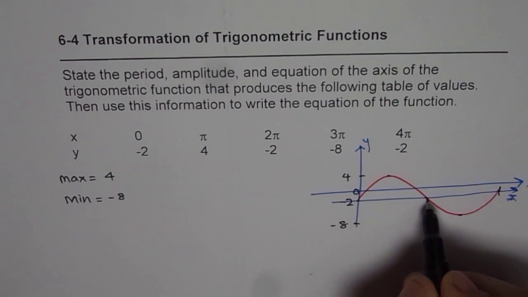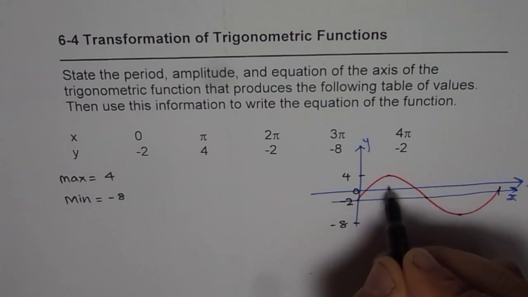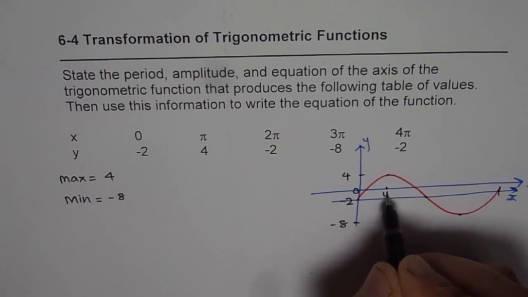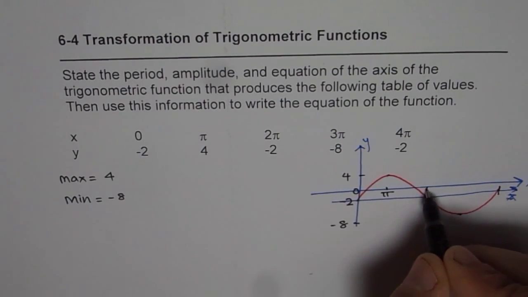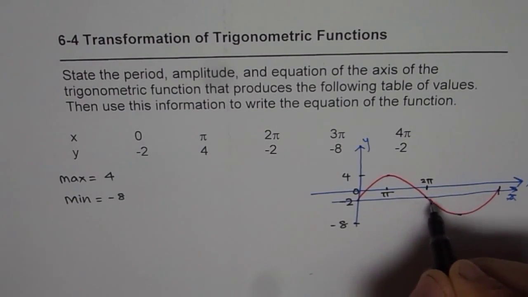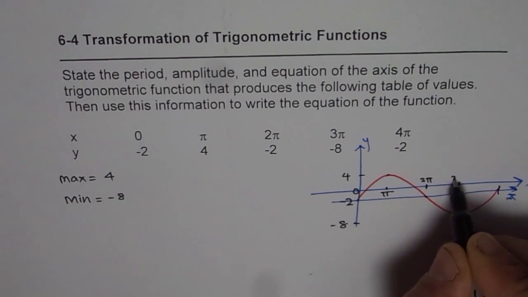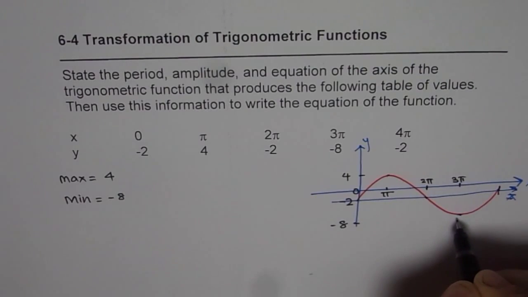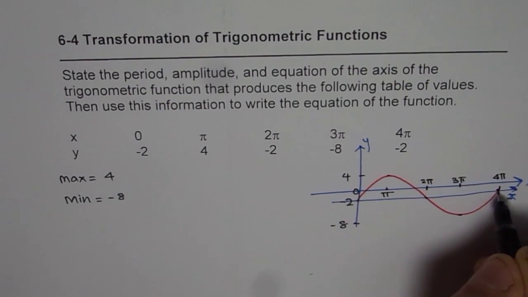So at 0 we have minus 2, at pi we have 4, at 2 pi we get minus 2, at 3 pi we have minus 8, and at 4 pi the value is again minus 2.